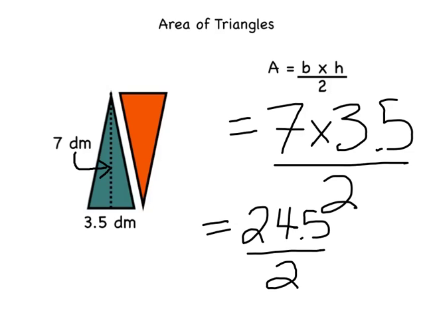So if this was one parallelogram put together, the area would be 24.5. Now if I divide that by 2, I should get something like 12, and the answer is 12.25 decimeter square.